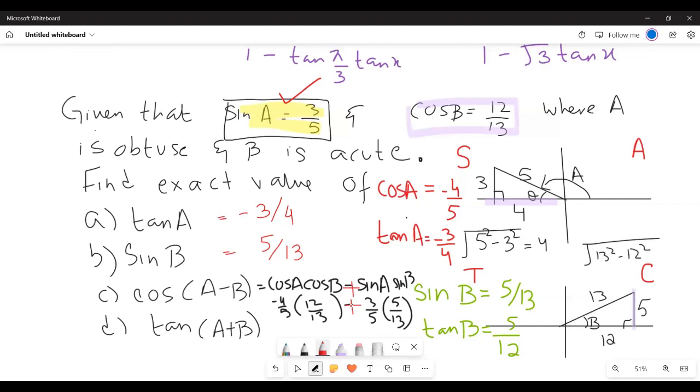Minus 33 over 65, this is what everyone is getting. Yes. Okay. So that gives minus 33 by 65.